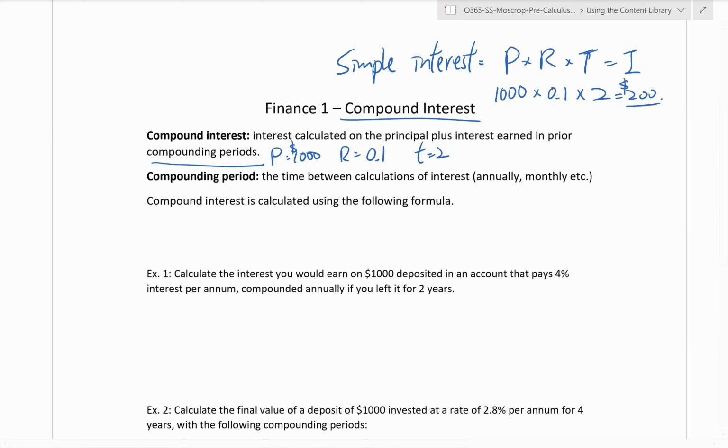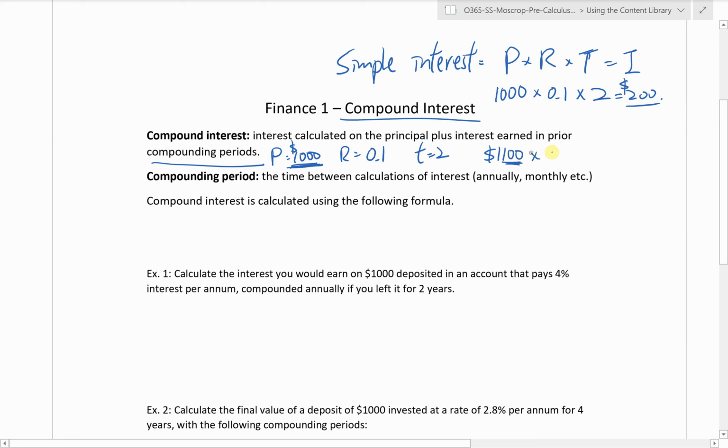So at the end of year one, you get $100 from the bank, assuming you're investing. So at the end of year one, you actually have $1,100. And for year two, you are not only earning interest on top of your principal, you're also earning interest on the $100 as well.